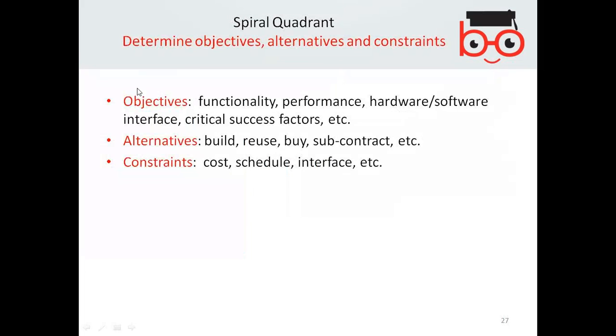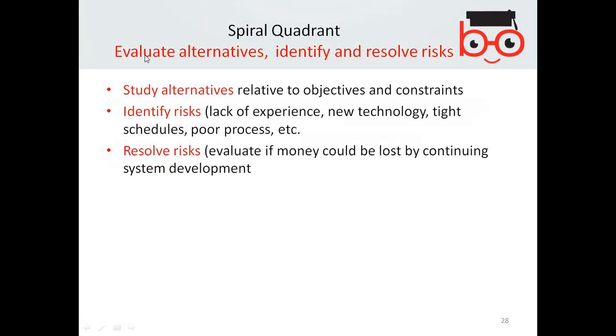So in the spiral quadrants, for example, you determine objectives, alternatives, and constraints. And then in evaluating alternatives, you identify and resolve risks. This includes the identification of alternatives, risks, and risk involvements.